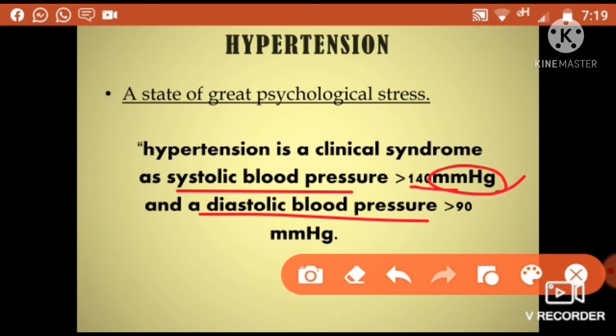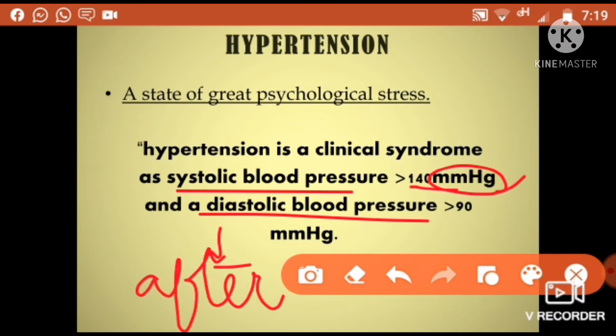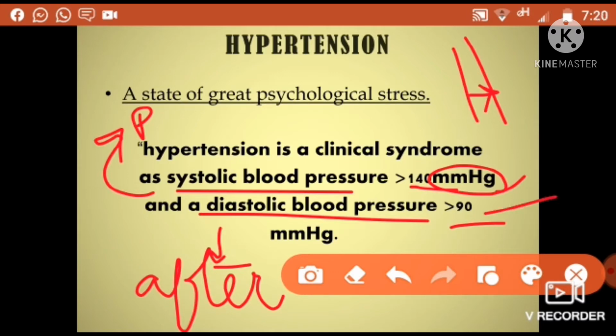The diastolic blood pressure is the pressure exerted on the arterial walls after the heart contracts. Whenever the diastolic value exceeds 90 millimeters of Hg, we say that a person is suffering from hypertension.